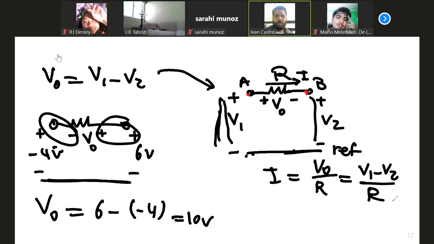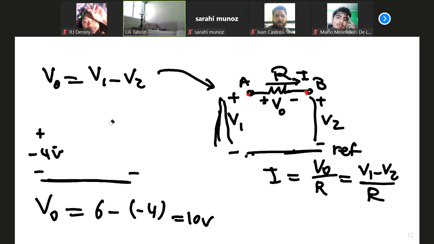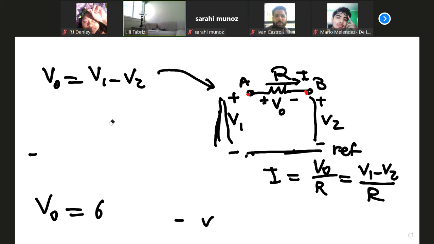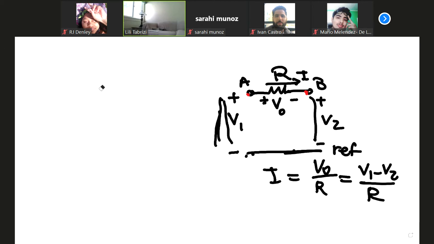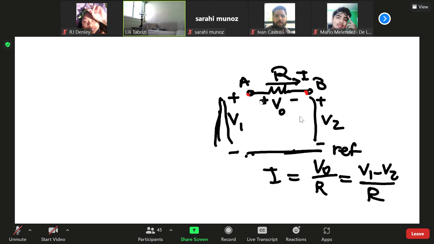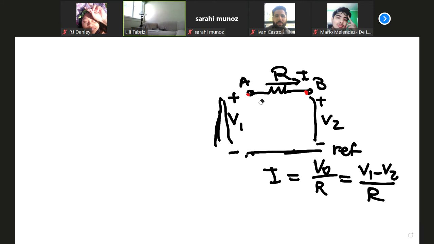Here is the foundation. Main observation of nodal analysis. I'm going to erase everything, even V0, even the current notation.